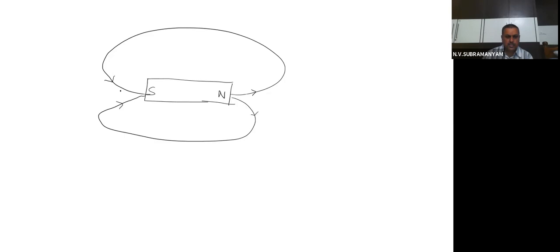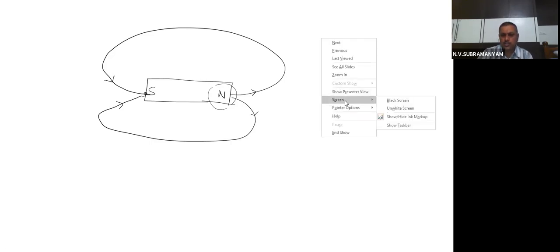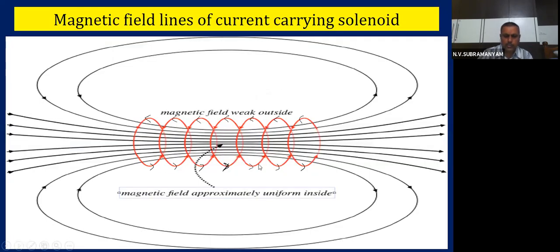That means if the field lines are going into a pole, that side is the south pole. If the field lines are going out of the pole, that is the north pole. This logic you remember. If you remember this logic, your explanation will be clear. So now you tell me the current. If it is like this, then the right side of the screen will be north pole, the left side will be south.